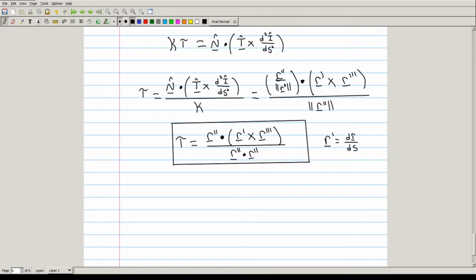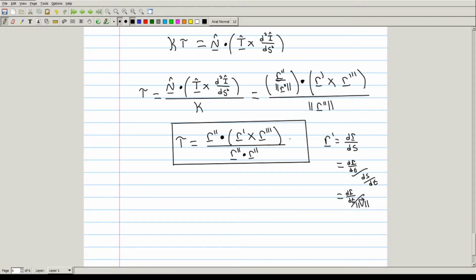So if we need to do this with respect to a parameter t, so reparameterize, we're going to have to do that suitably. R prime, dr/ds, is the same thing as dr/dt divided by ds/dt, or dr/dt over v, the magnitude of the velocity vector.